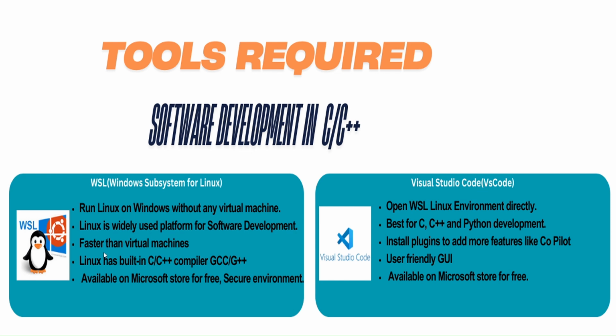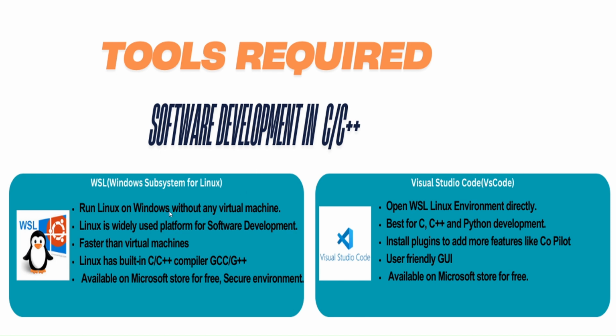This is very fast, so you do not need two operating systems on your Windows machine. In earlier days they used to dual boot, where in one boot you would run Windows, and if you booted to Linux you would only use Linux.